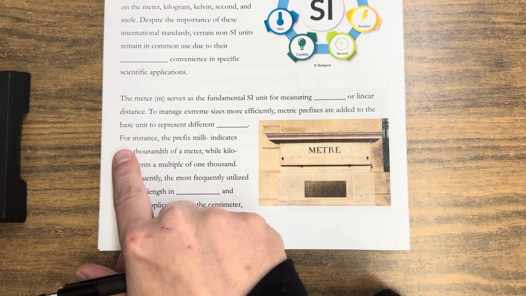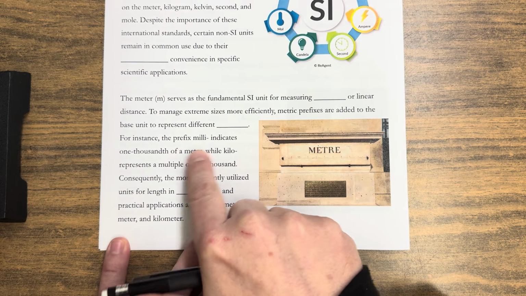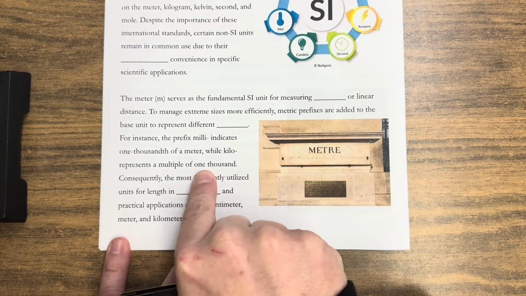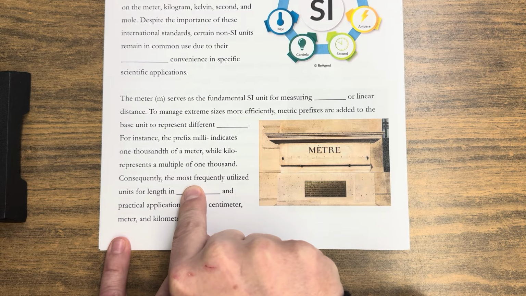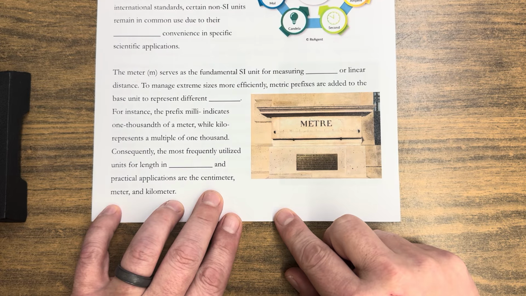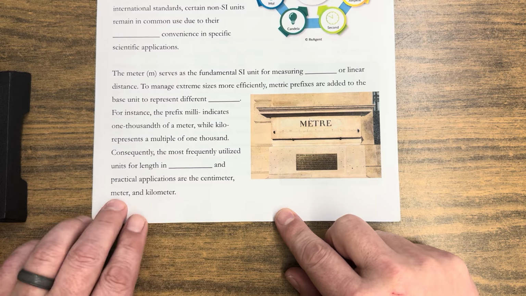So anyways, for instance, the prefix milli indicates 1,000th of a meter, while kilo represents a multiple of 1,000. Consequently, the most frequently utilized units for length in scientific and practical applications are the centimeter, meter, and kilometer.